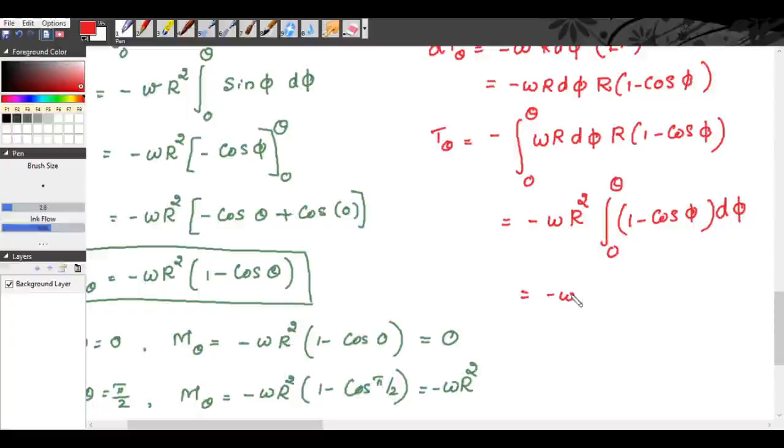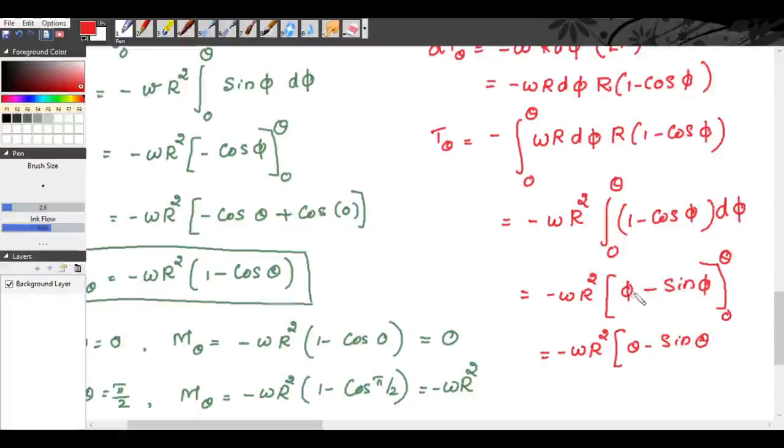So that is minus W R square into the integration of 1, which is phi, minus the integration of cos phi, which is sin phi, from 0 to theta. So we get minus W R square into theta minus sin theta.